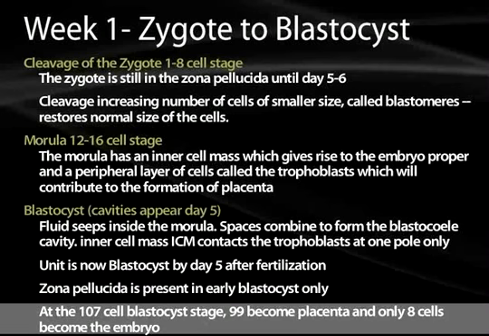And it's at this stage it has about 107 to 110 cells, and 99 of those will become placenta, and only 8 of those will become the embryo itself. I think this is a point where you should star this, because oftentimes this will be a question that can be asked of you as far as how much of this early blastocyst will be responsible for the formation of the embryo.